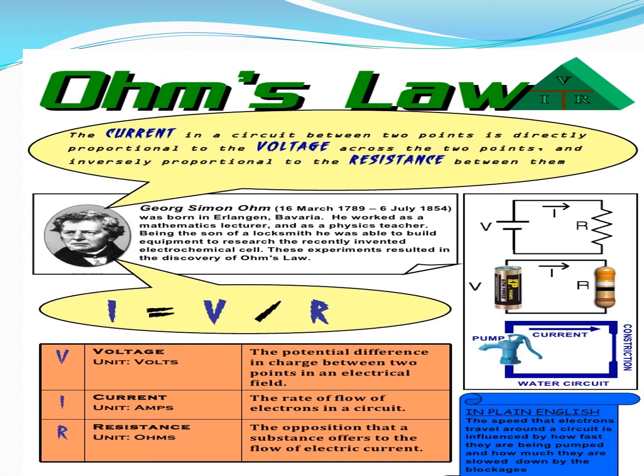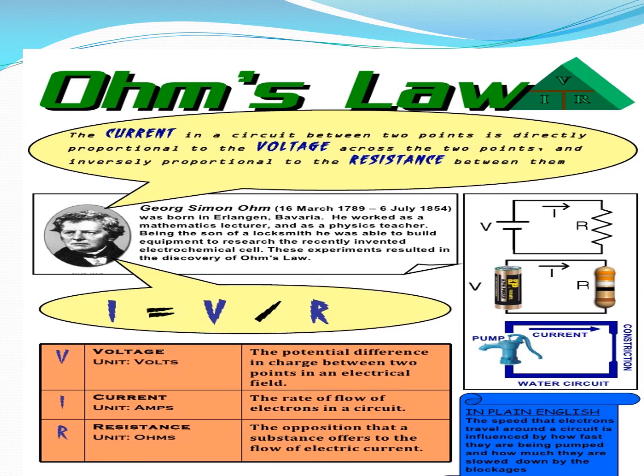In this slide, you can see a summary of Ohm's law. What is Ohm's law? Ohm's law says that current is directly proportional to the voltage. What is the symbol for current? I. What is the symbol for voltage?